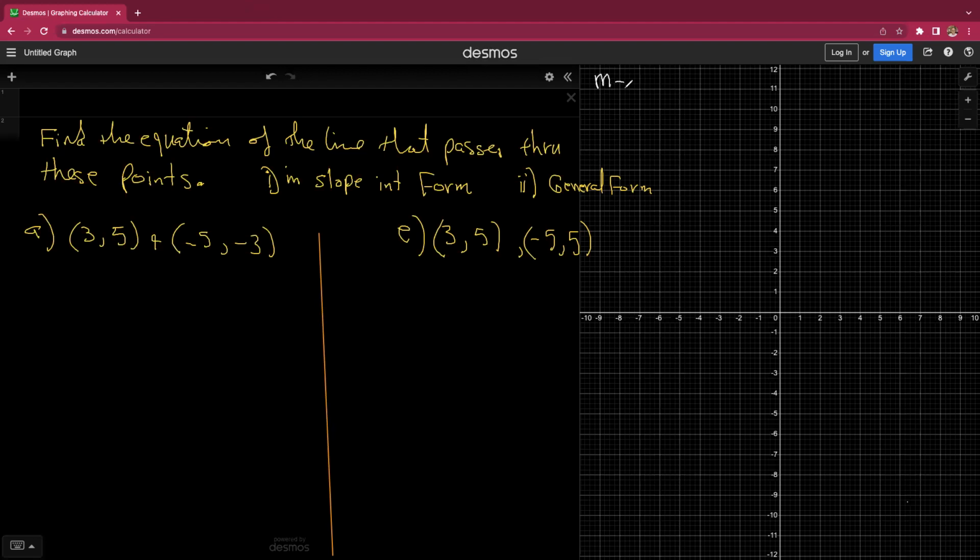So I want to ask everybody, what's this equation right here? What does M stand for?